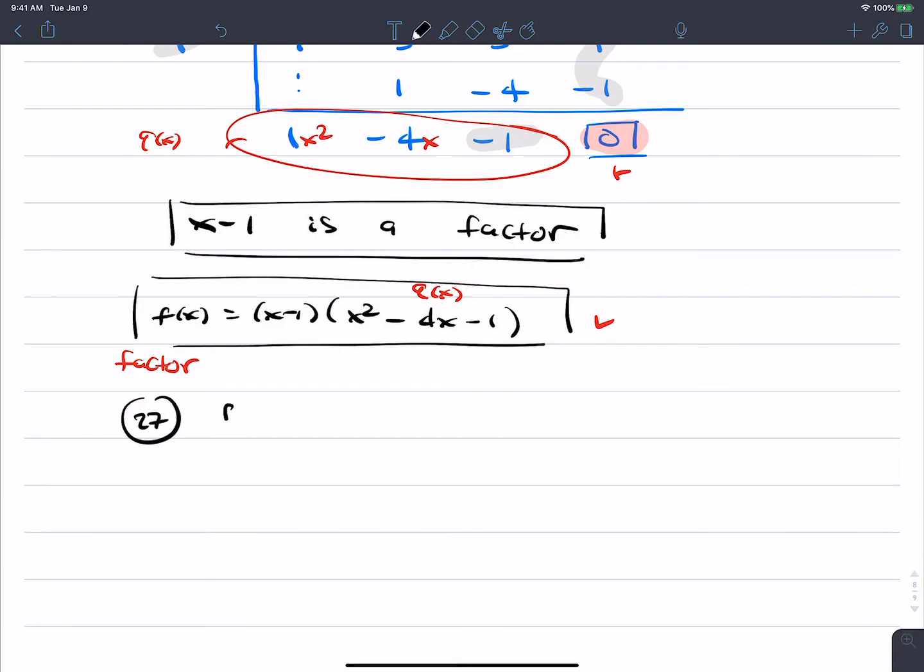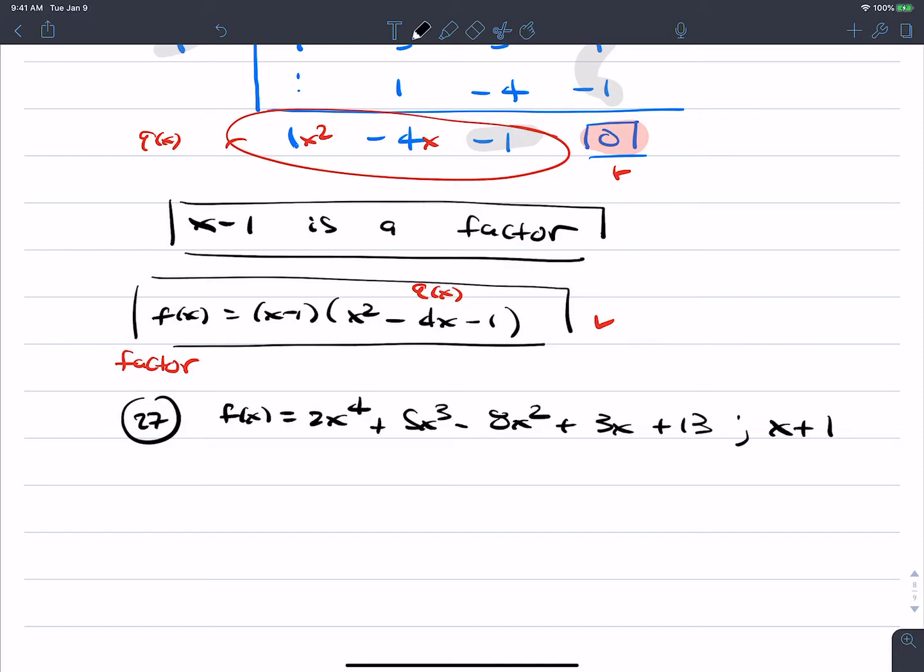Number 27. Your function is 2x to the 4th plus 5x cubed minus 8x squared plus 3x plus 13. You now have an x plus 1 term.